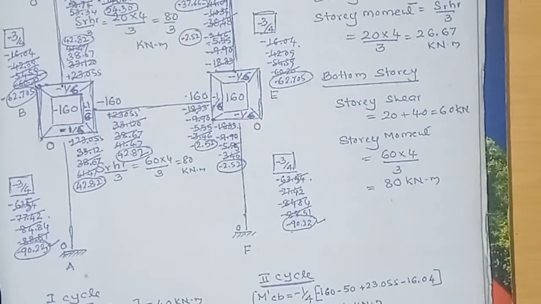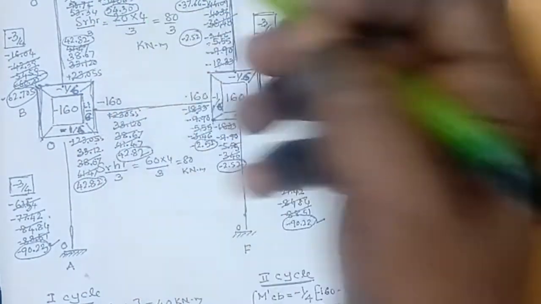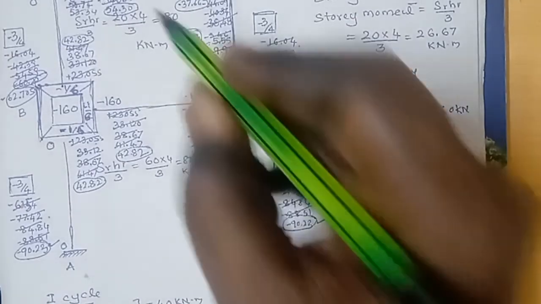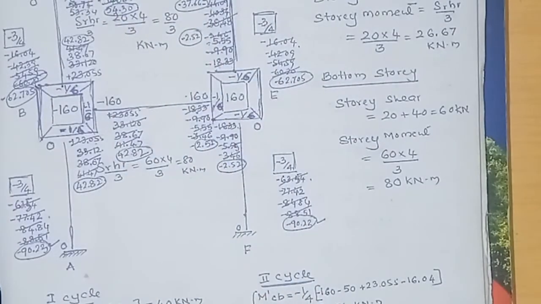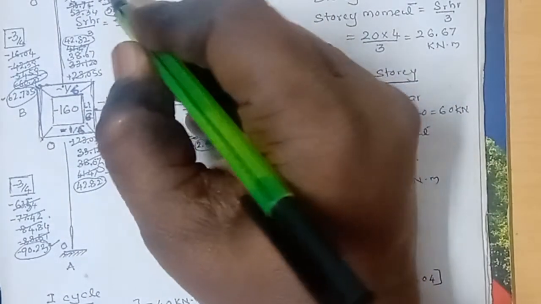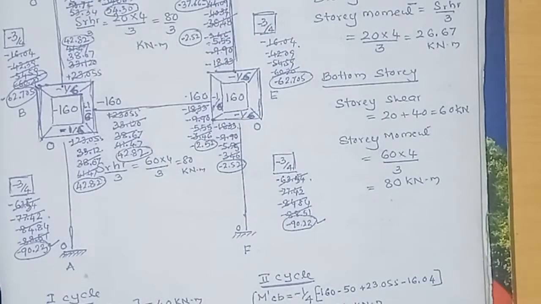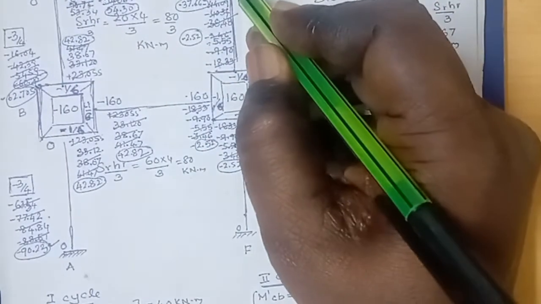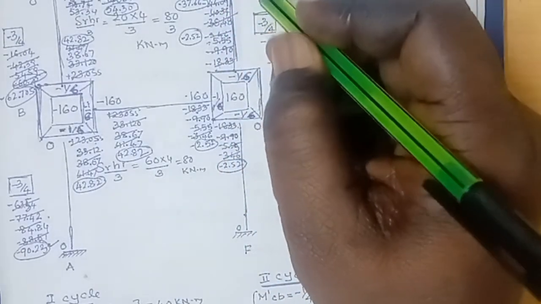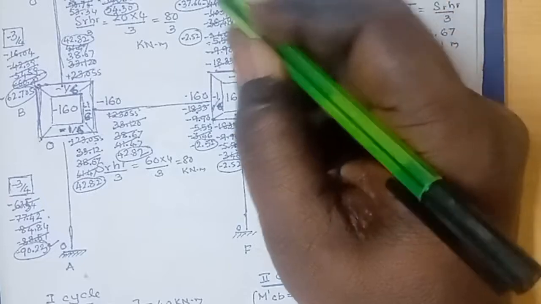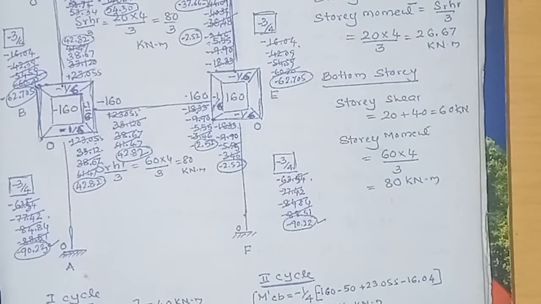50.74. Then for horizontal member M dash CD, the answer is same, hence we have to strike out the first cycle value of the rotational moment contribution, then write the new rotational contribution, that is 50.74. Then next joint M dash DC, here the rotational factor is minus 1 by 4.